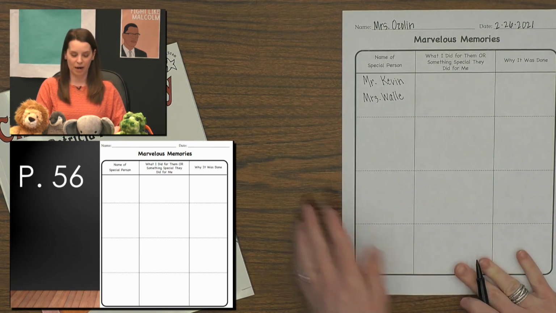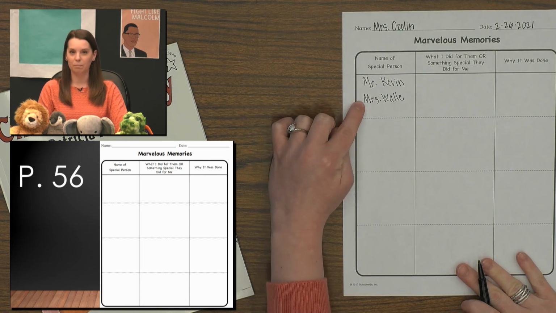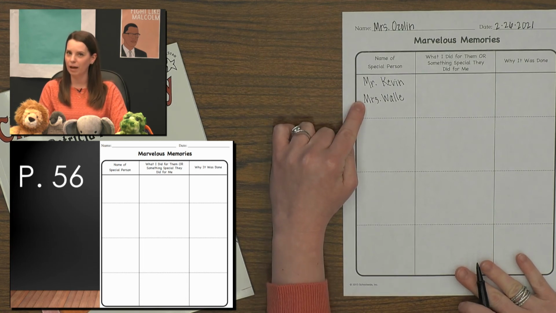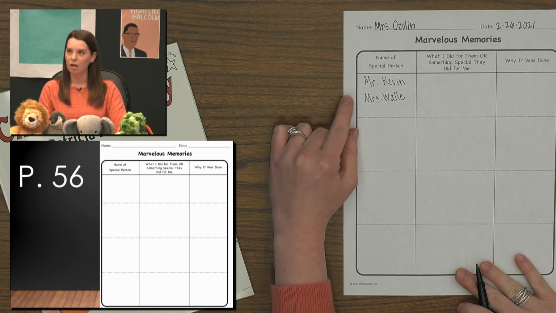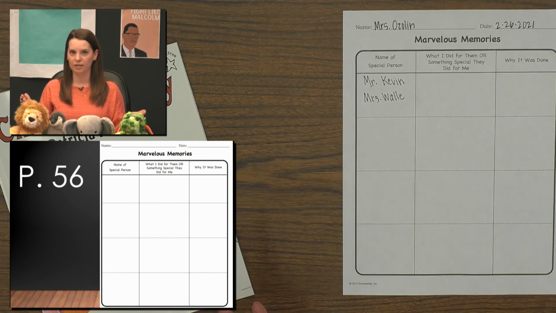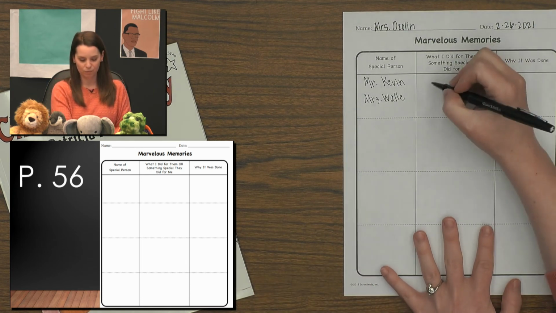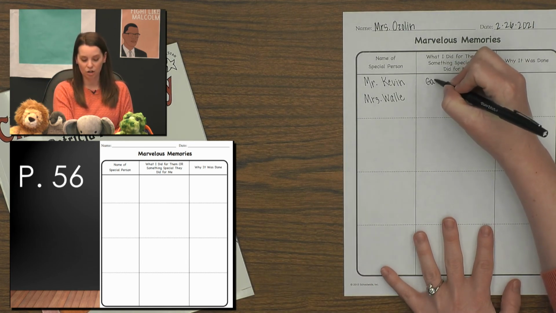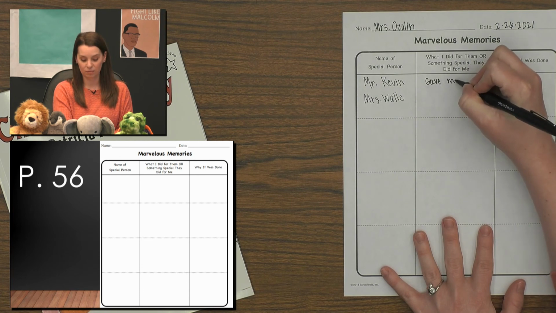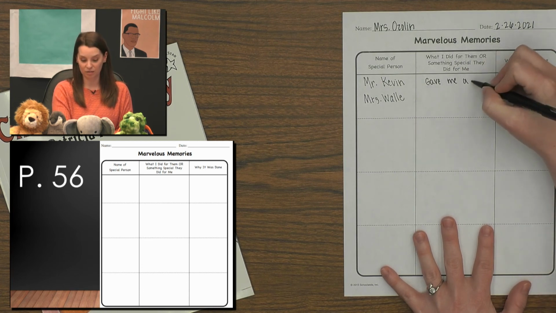I'm thinking about Mr. Kevin and Mrs. Wally because both of them have done things for me that have been really special. Now, they're not huge things like buying me expensive things, but Mr. Kevin gave me a new mask that he thought I would like.